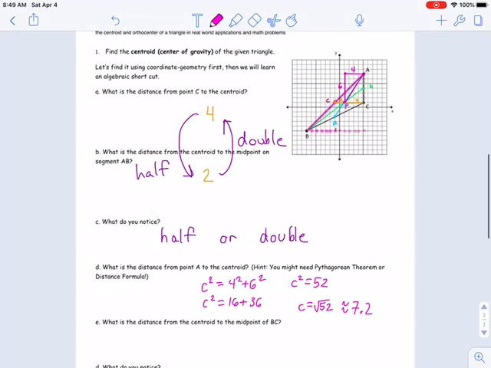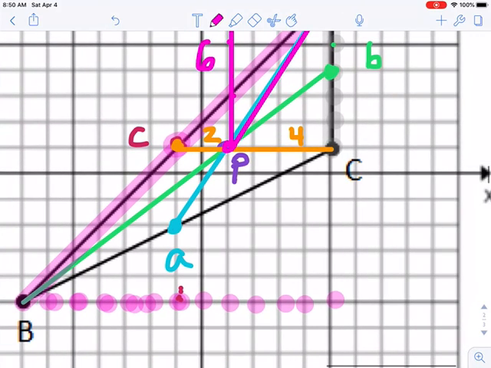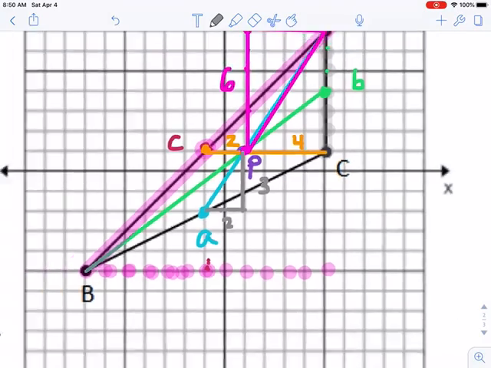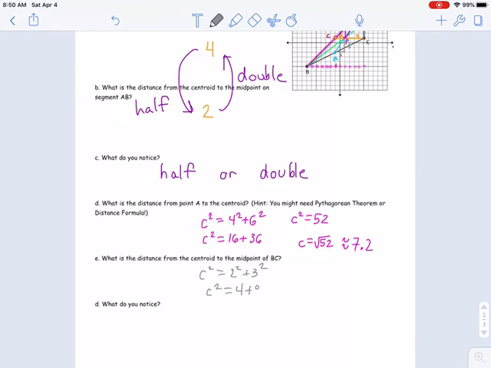Then it says do the same thing from the centroid to the midpoint on BC, which we called lowercase a. So now it's really just asking for this. We're going to use the Pythagorean theorem shortcut again: 2 and 3. In this case, c squared equals 2 squared plus 3 squared. And remember, if these videos are going too fast, you can always pause and rewind them.